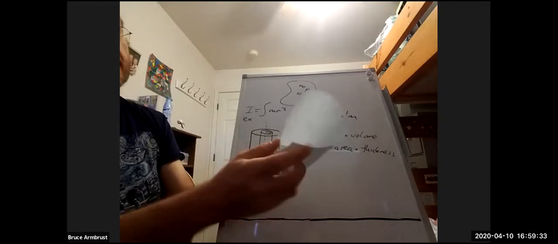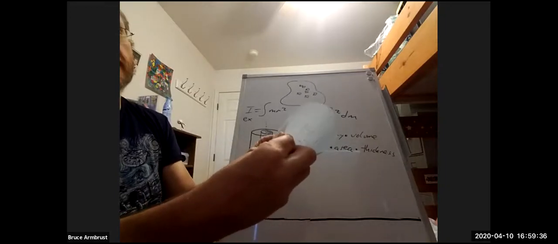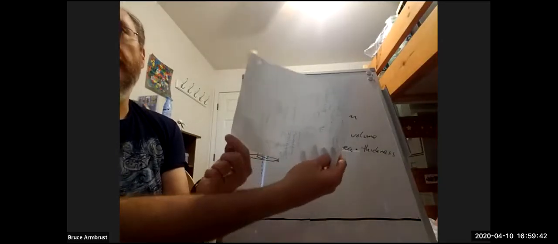So the question then is, what's the area of that rectangle? Well, the area of that rectangle is going to be the circumference of that circle, that's this side, times its length, its height.